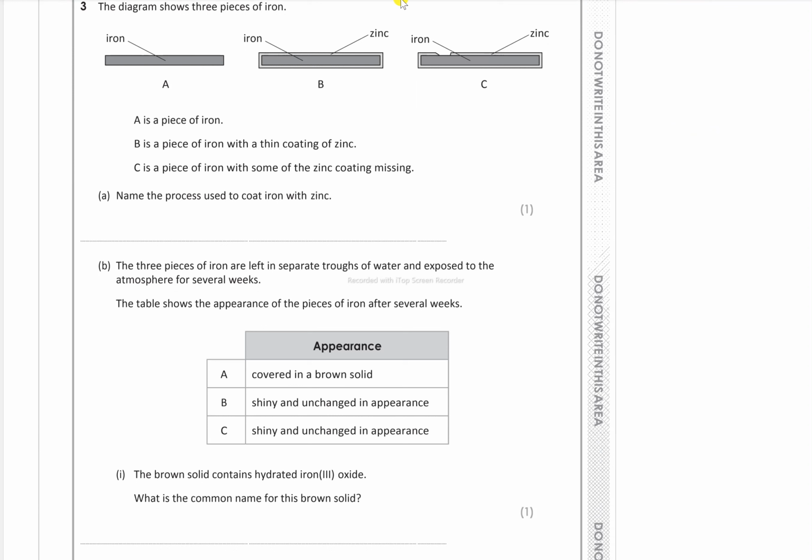You have iron, you coat it with zinc. Have you noticed here the zinc barrier has been broken? Then what happens is, let me just draw that out. So that's zinc, and this is iron.